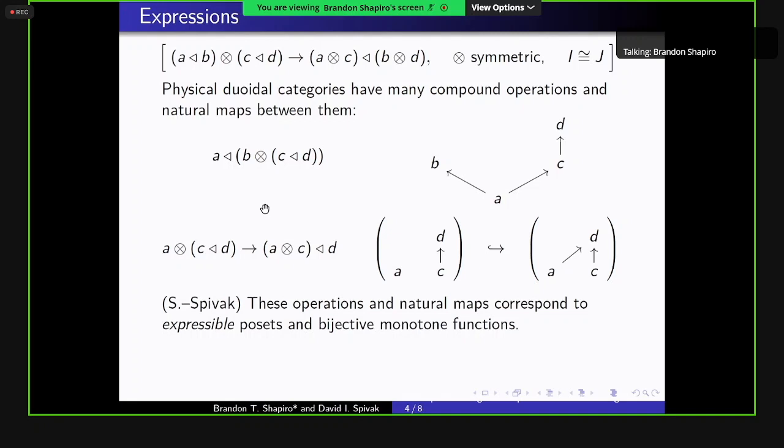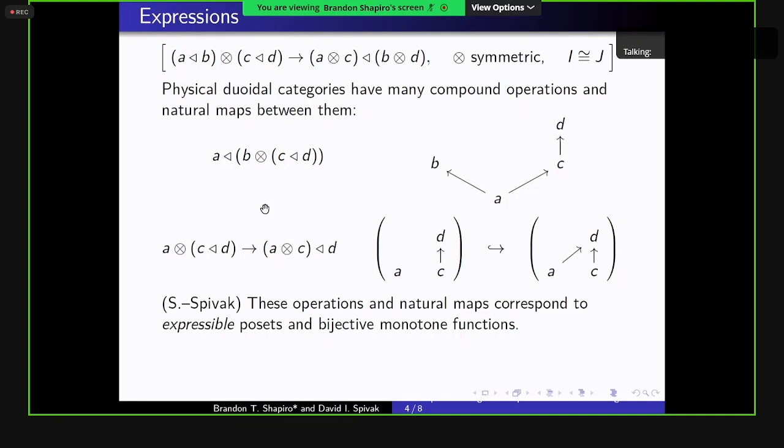Yeah. And so for me, this was really motivating, because we were working on trying to understand these operations we had on polynomial functors better, and what we found was this structure very close to duoidal categories. Describing some of the duoidal categories we were seeing, we could work out entirely what these maps were just by taking expressions, drawing their posets, and deciding just by looking at it whether or not there's an inclusion there.